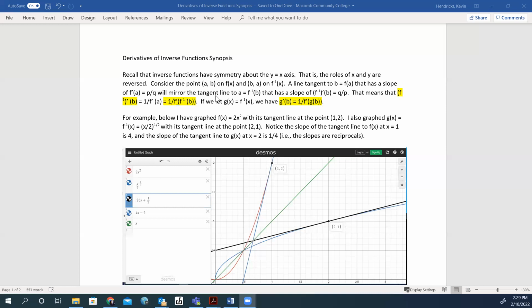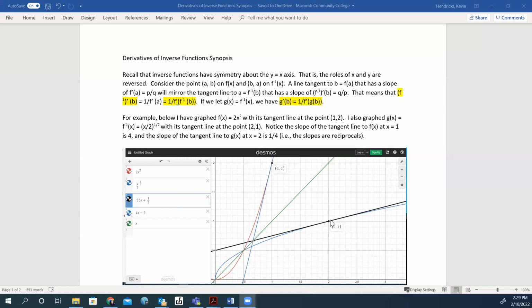There will be a mirror tangent line to f inverse of B, which will equal A. So in other words, if AB is on f of x, then BA is the mirror image on f inverse. On this drawing, that's the point 2, 1 on my square root of x curve.